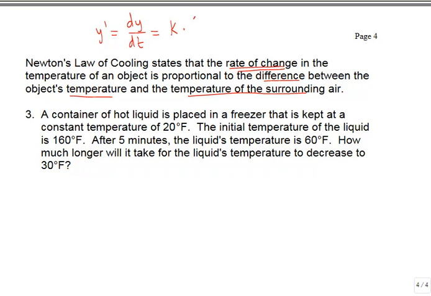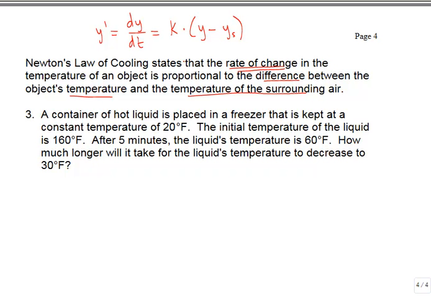So the object's temperature is what we're calling y, and I'm going to let the temperature of the surrounding air be y sub s, and we want the difference between these two things. So this is the differential equation for Newton's law of cooling.